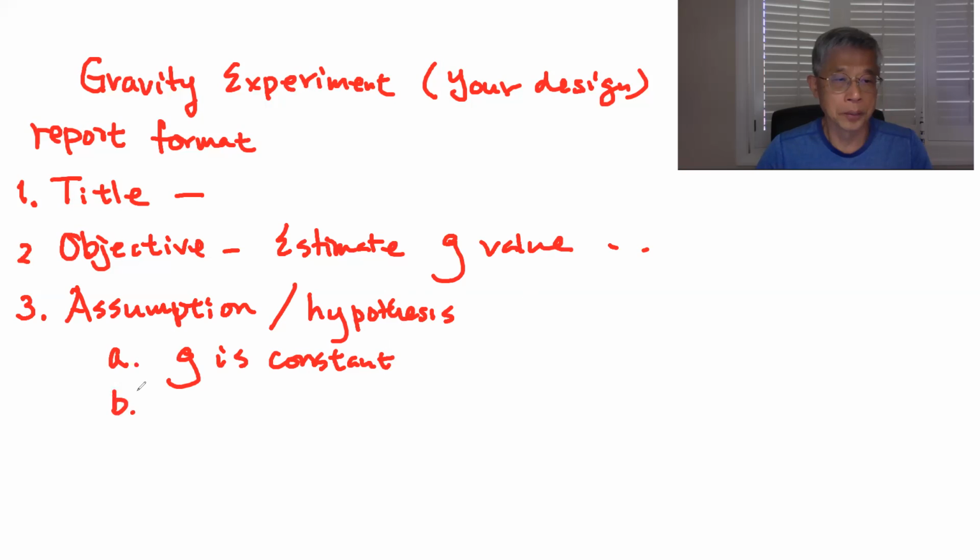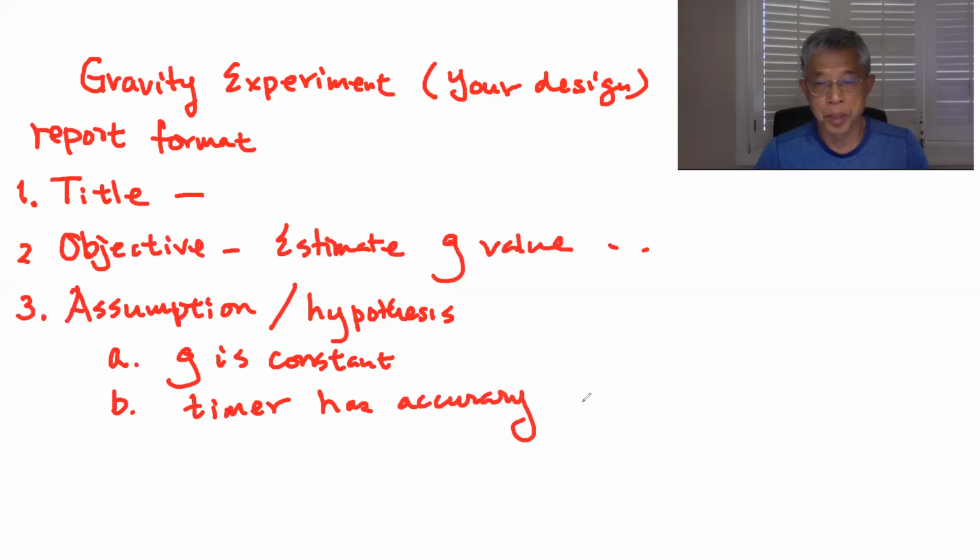And you can say that your timer, your iPhone or your timer, has accuracy of something, maybe like plus minus 0.1 second. I don't know, right? So things like that.